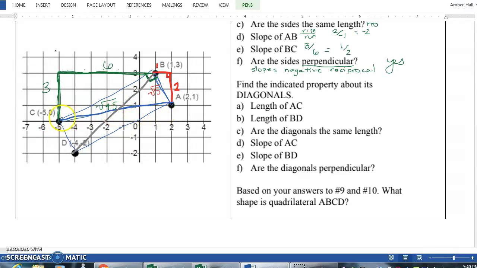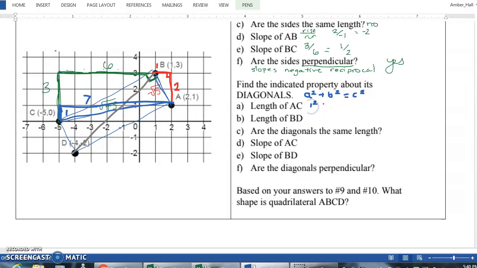So A to C, I'm going to create a right triangle just from here, just like that. This side is going to be 1, and this side is going to be 1, 2, 3, 4, 5, 6, 7. So I can do the Pythagorean theorem again. A squared plus B squared equals C squared.